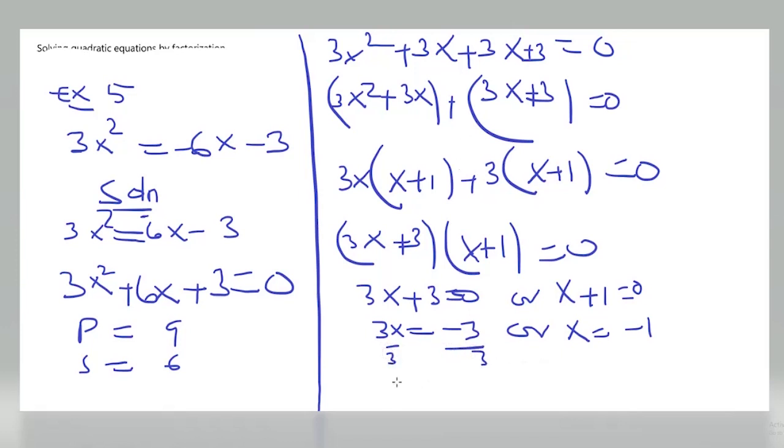Therefore x will be equal to negative 3 divided by 3, which is negative 1, or x is equal to negative 1. So the answer is always the same, so we can say x is equal to negative 1 since they have the same value.